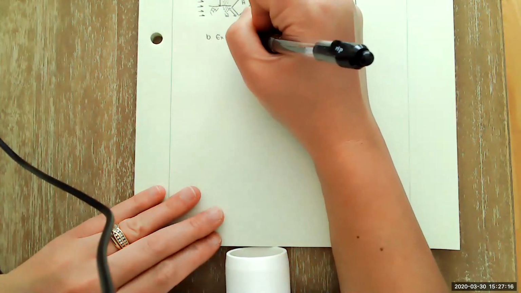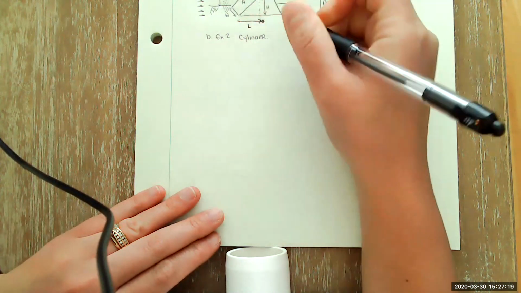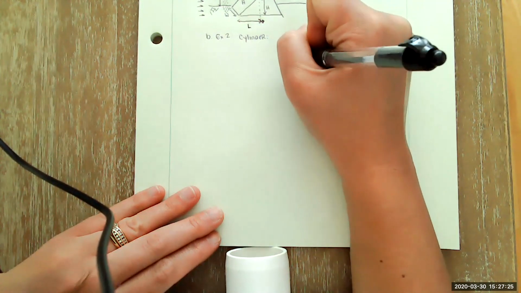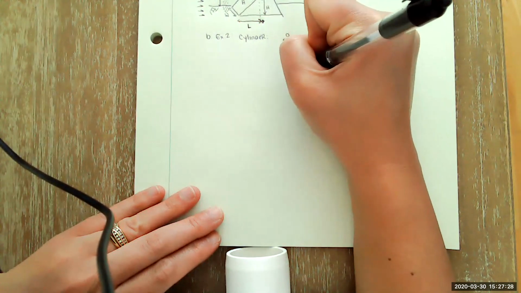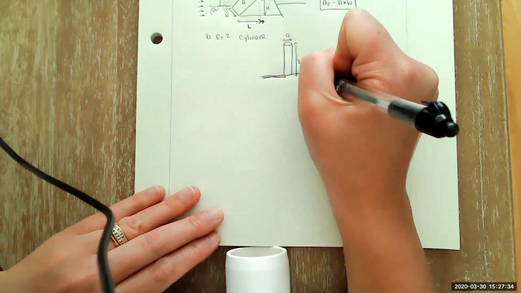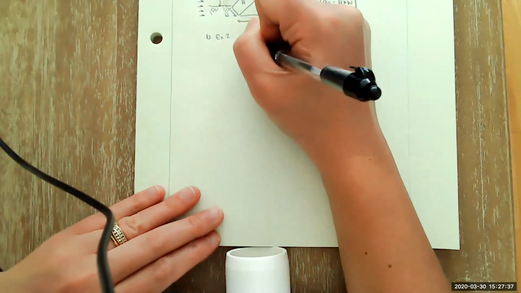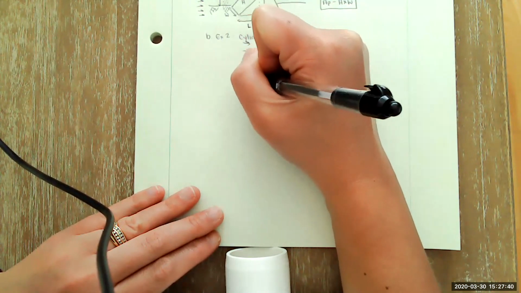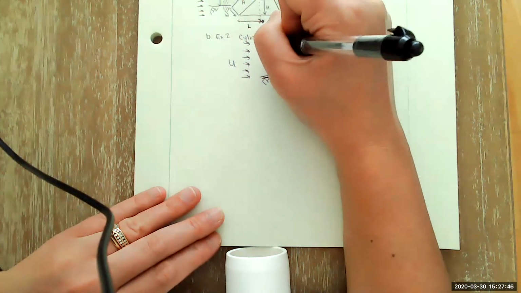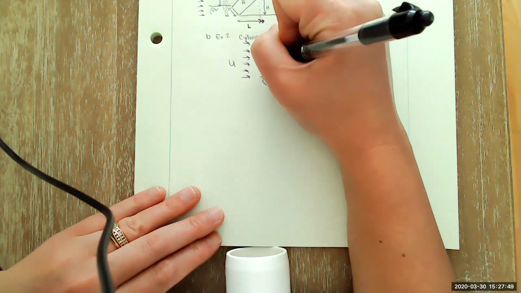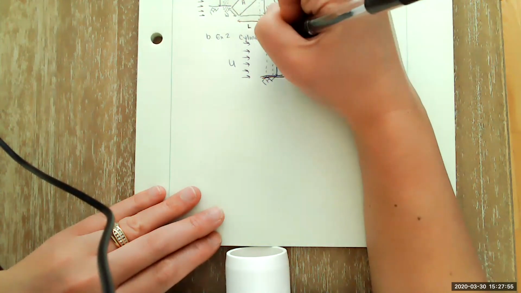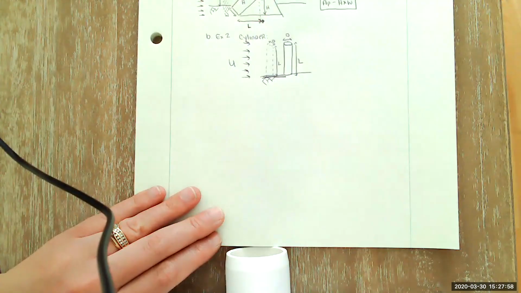If I have a cylinder with diameter D and length L, and we're on the ground, and we have again some wind that's blowing with speed U. If I were to project this forward, again, I'm sorry about my poor 3D sketching, basically it's going to just look like a rectangle with height L and width equal to the diameter of the pile.